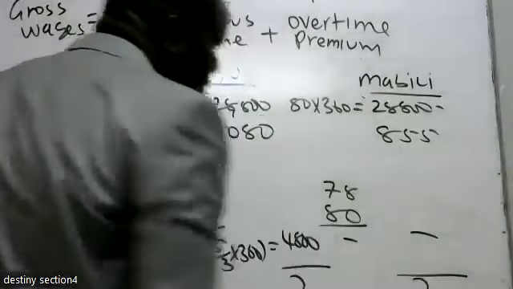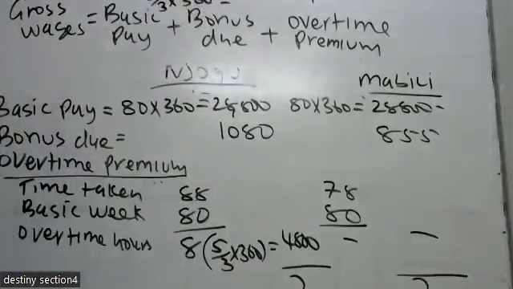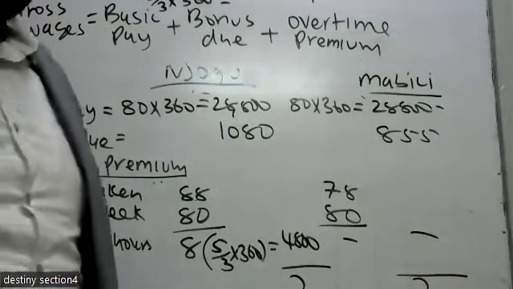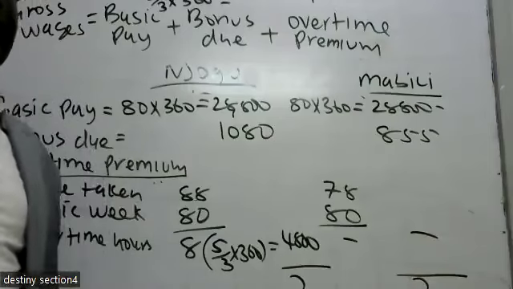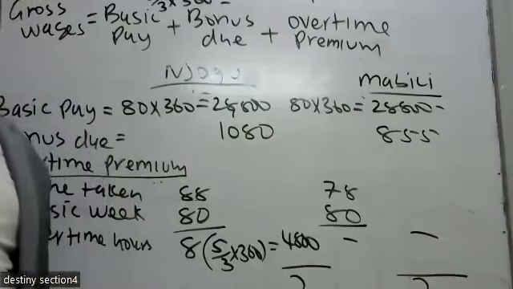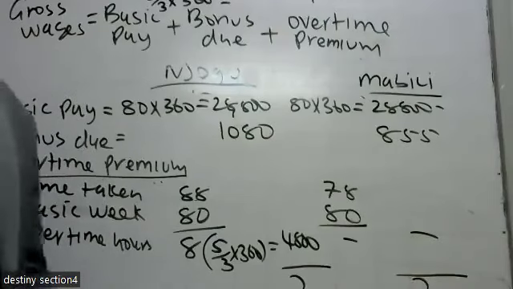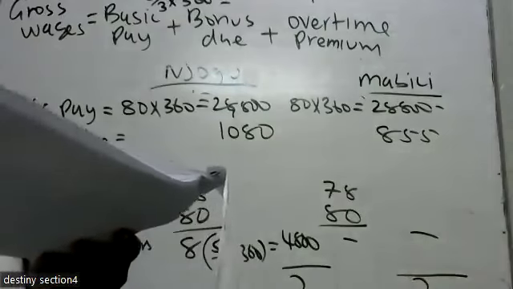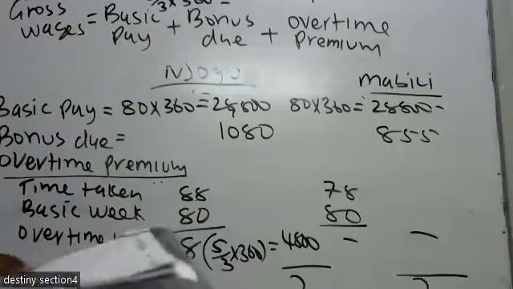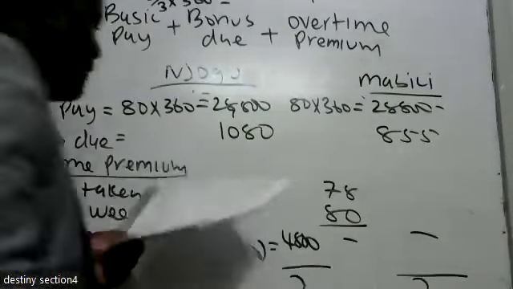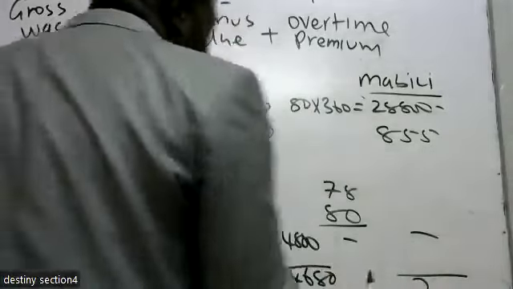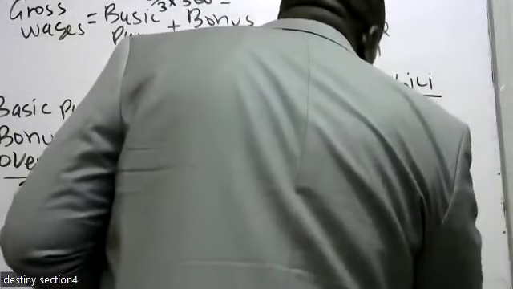You get now the gross wages. $34,680. This one is 24. How about this alone? 29,625.